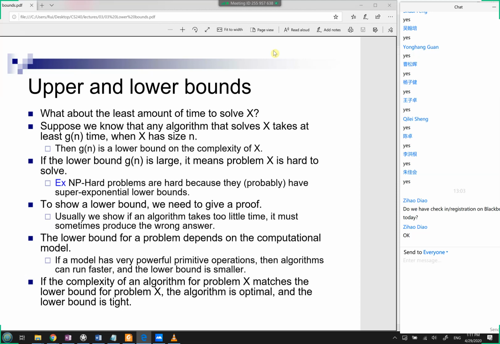But basically, it can only do these comparisons. In that model, you can show that you need to make at least n log n comparisons to sort n numbers. However, if you're in a different model, then you can actually sort more efficiently.